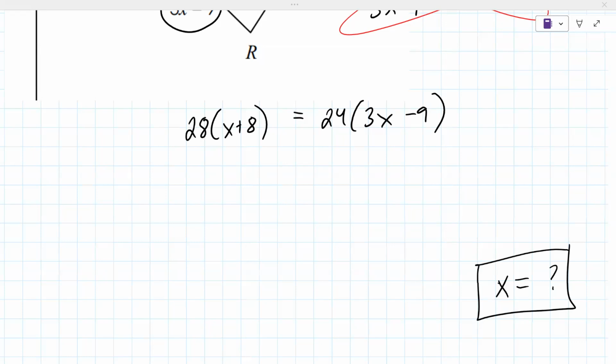The answer I got was x equals negative 218 over 7. It is a nice number.